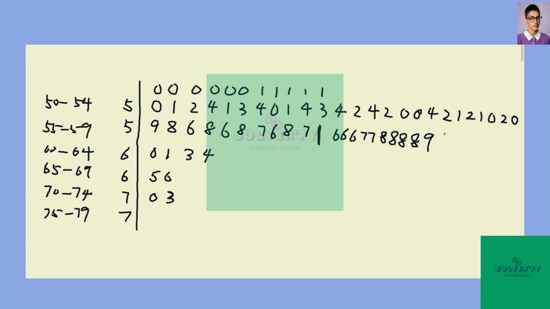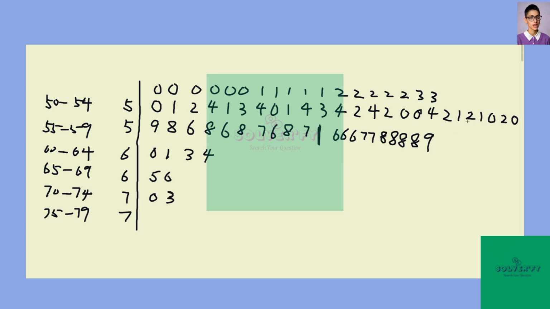And how many twos are there? 1, 2, 3, 4, 5. How many threes are there? 1, 2. Okay, we have only 2 threes. Okay, how many fours are there?